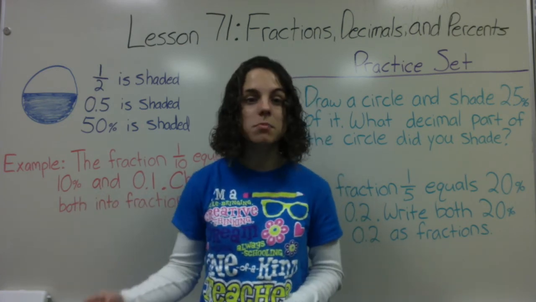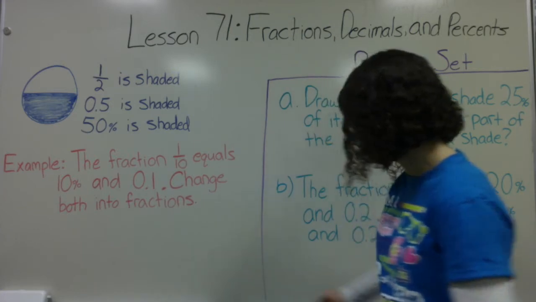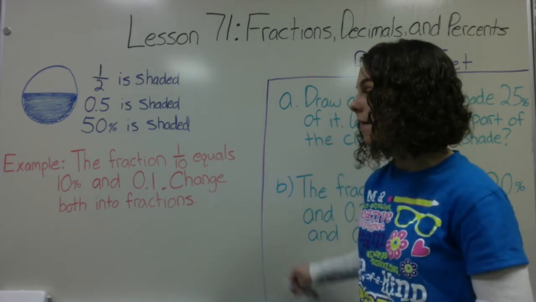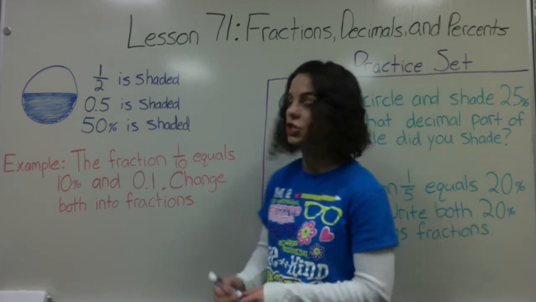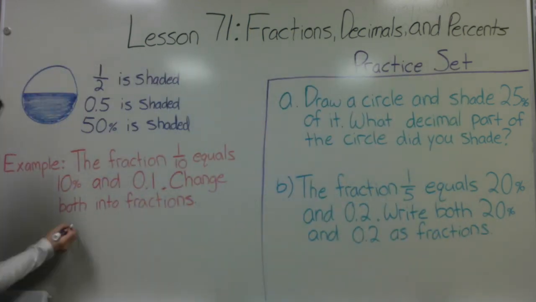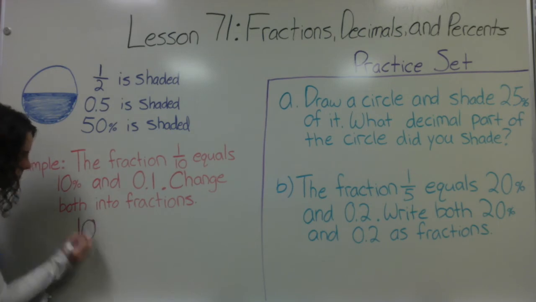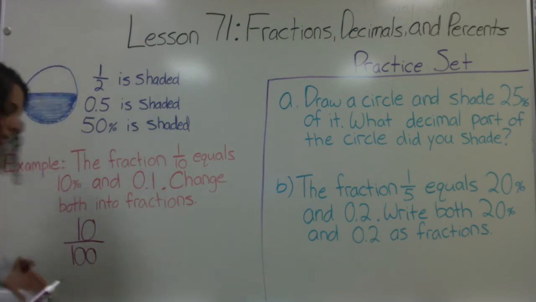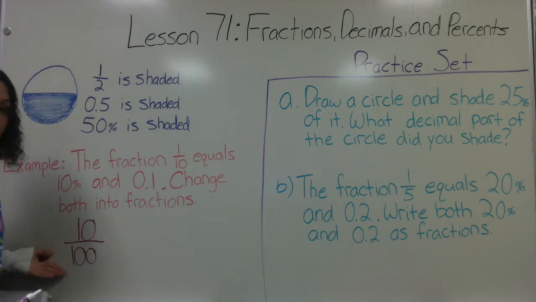So that tells me what the fraction will look like coming from a percentage. So if it's 10 out of 100, I'm going to write that as 10 hundredths. Notice I'm not reducing. So do not worry about reducing at this point. This is exactly how we're looking for it right now.